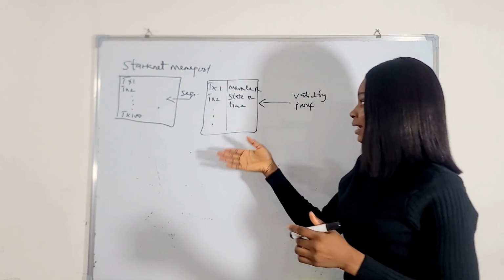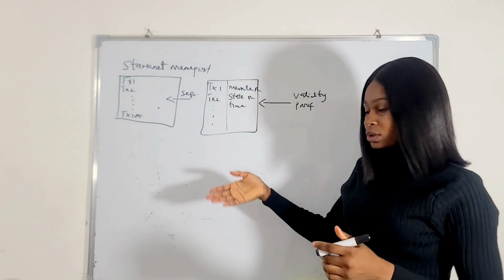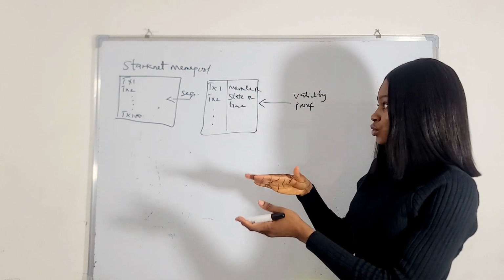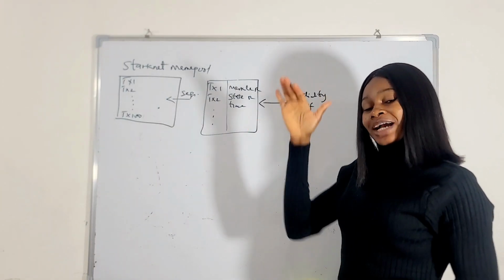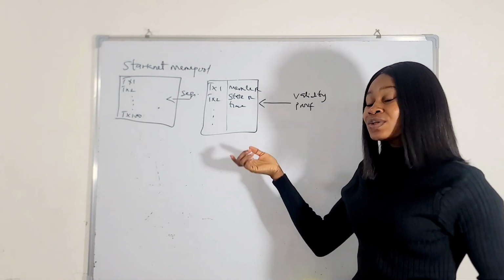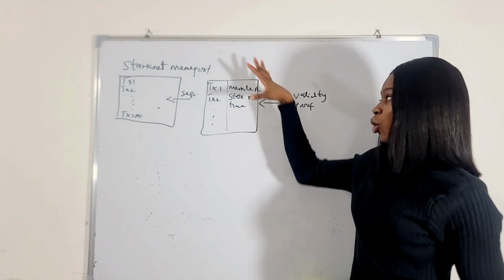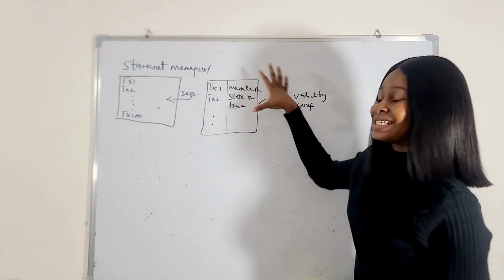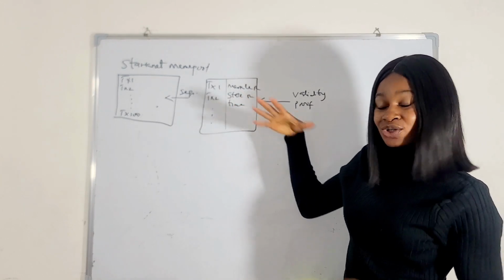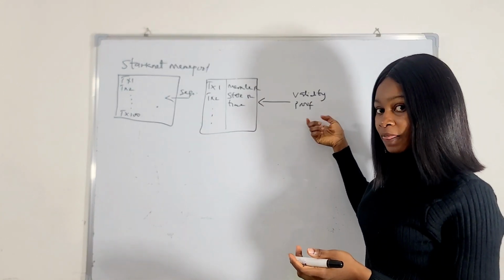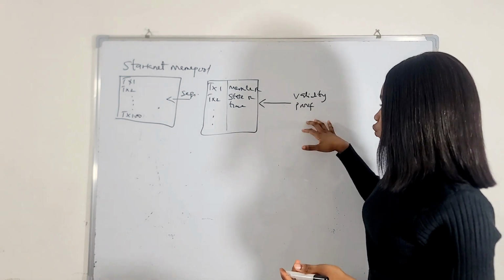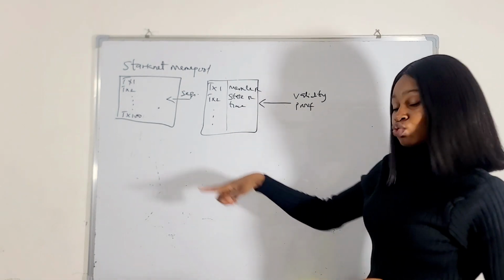It can be tens of blocks batched together, so it's not just one block. And they are not sending to Ethereum all the details of these transactions. They're just sending the summary of all these transactions with the validity proof.